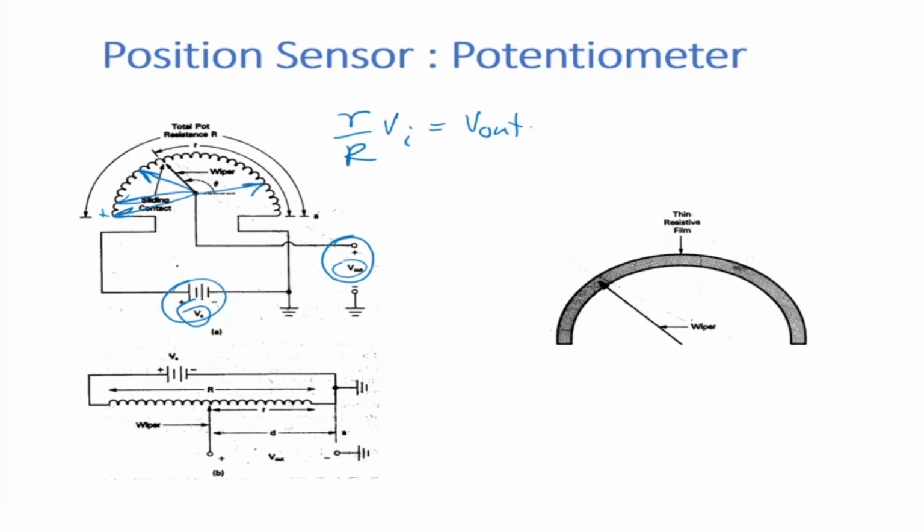So if you calibrate the position, let's say at one end it is 0 degrees and the other end it is 180 degrees, then I can do a calibration of position, theta in degrees, versus voltage in volts. For 0 volts, it will be here at one end, and 180 degrees is right up there. Theoretically it should be a straight line.